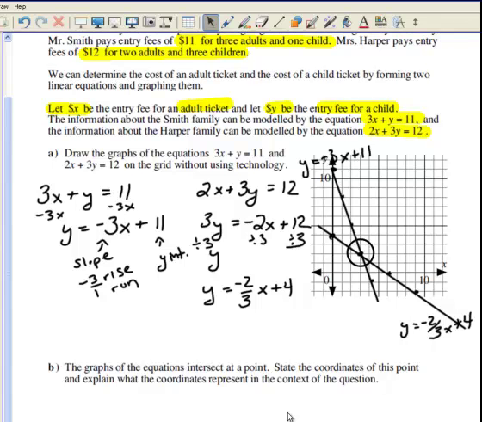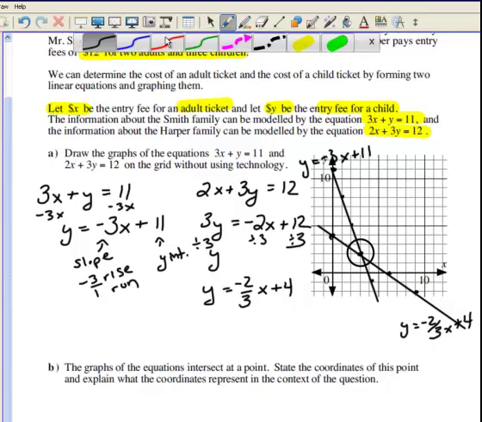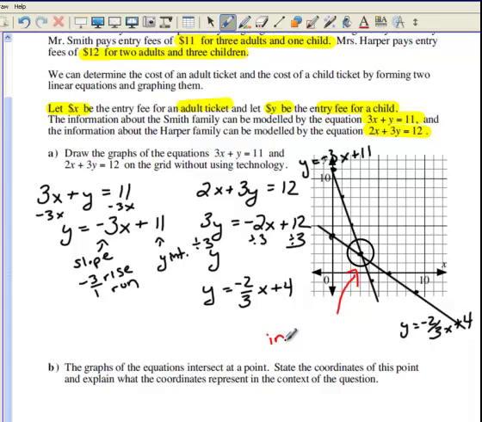And in this case, that would be the solution, the x and the y coordinates. Since x was telling us the cost for adults and y was telling us the cost for children, this intersection point tells us the cost for children and adults. So in other words, the intersection point is our solution.